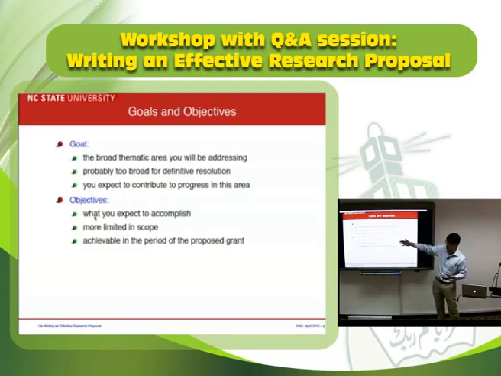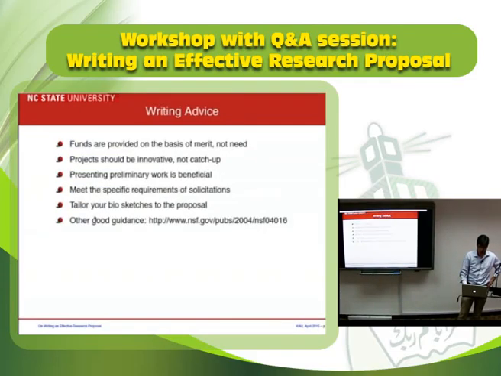Then you say, okay, within that area, these are the specific themes that I'm going to address, the specific objectives. Okay, so these are more limited in scope. I want to develop better algorithms based on scheduling for this problem in RSA. Okay, so this is what you want to do. And you have to make sure that this is achievable in the period, okay? Sometimes people will underestimate what is needed.